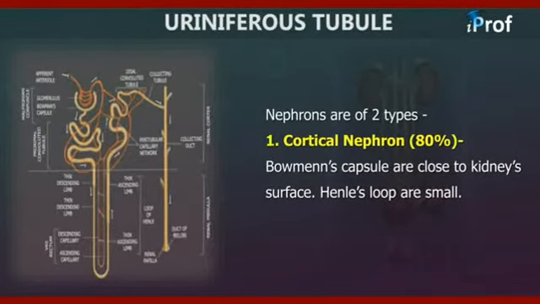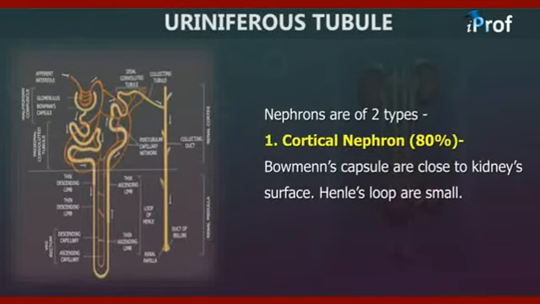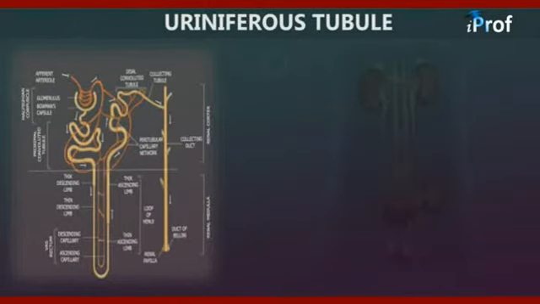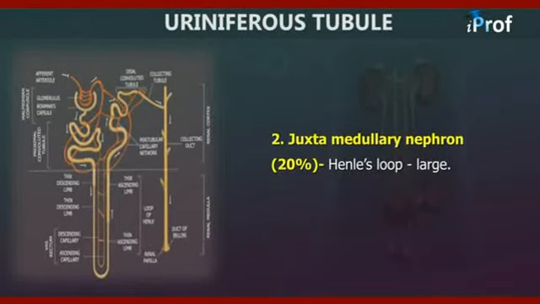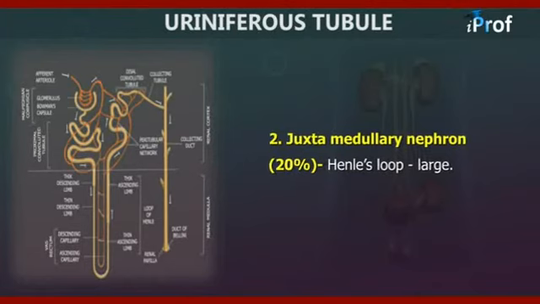Bowman's capsules are close to kidney surface and Henle's loop are small. Second, juxtamedullary nephrons, only 20% present in the kidney, and its Henle's loop comparatively large in size.